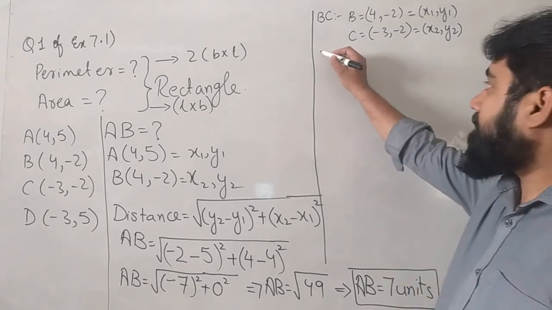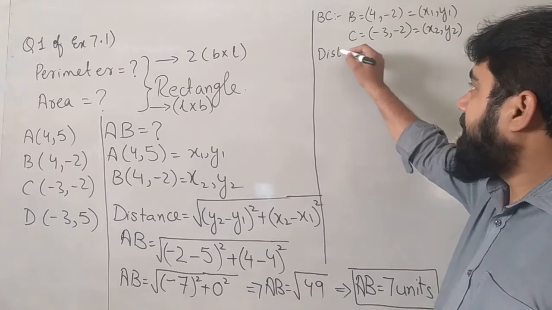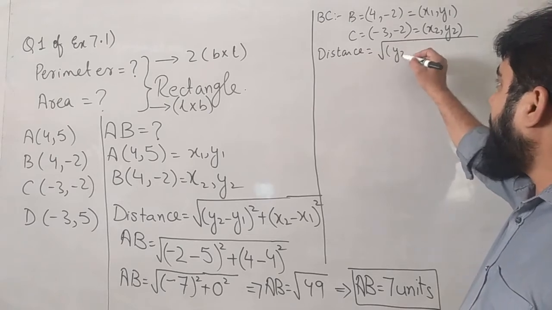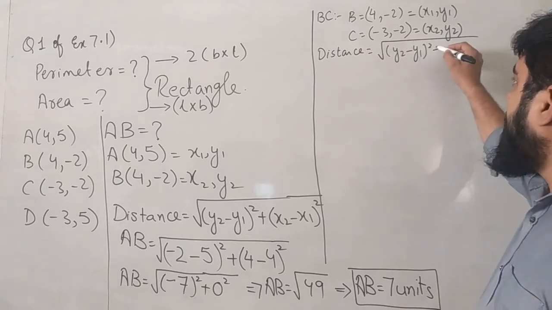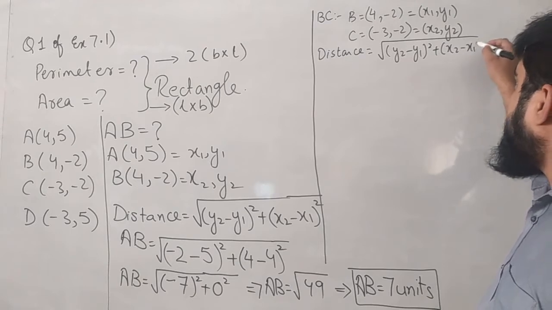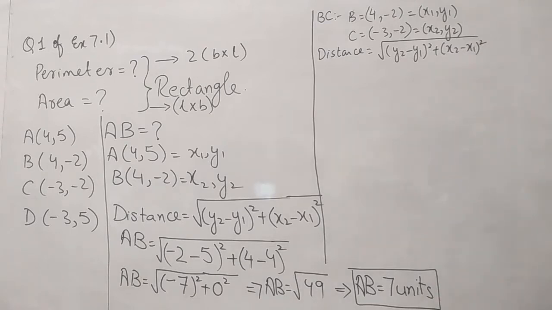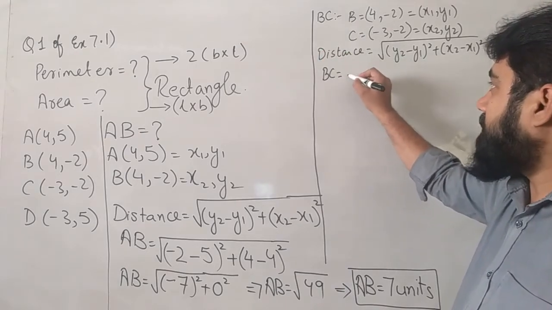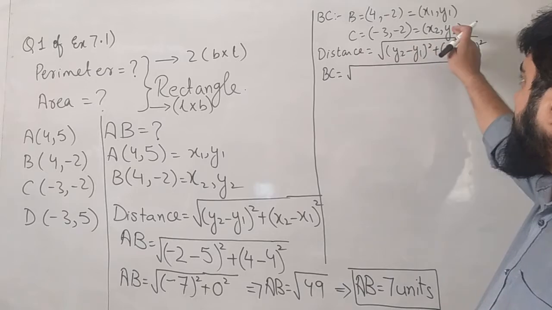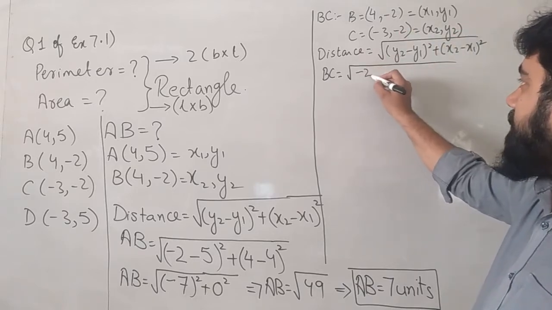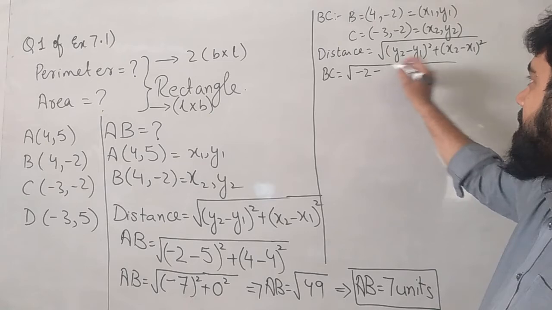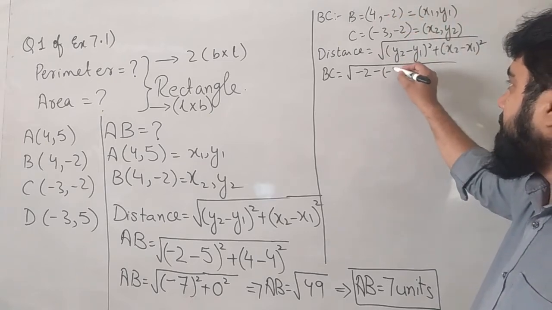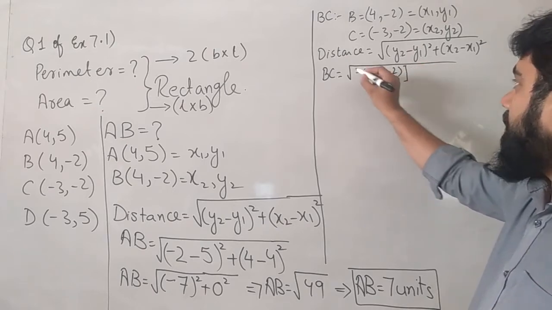Now, distance formula. We know that the distance formula is under root y2 minus y1 whole square plus x2 minus x1 whole square. Now I am finding distance between BC. So BC equals under root y2, which is minus 2, minus y1, which is again minus 2, whole square.